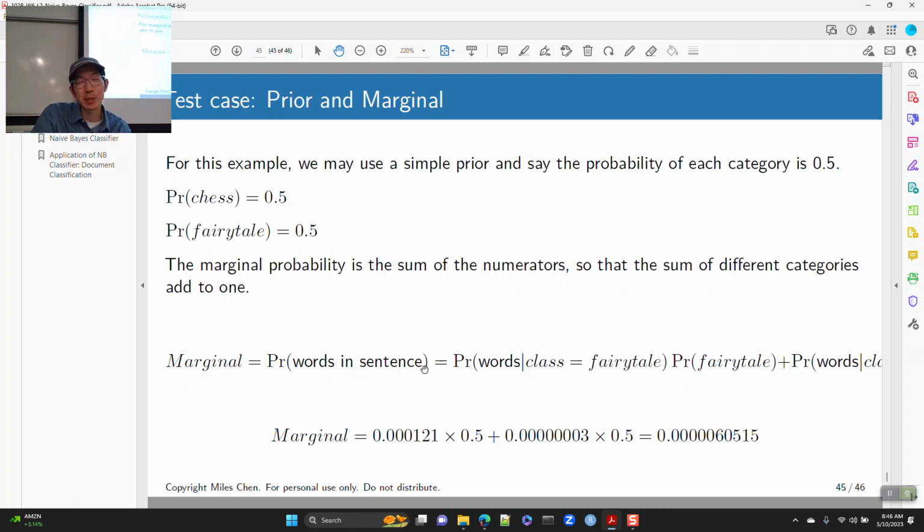And so your marginal would be the likelihood times the prior plus the likelihood times the prior for all of these things. Sorry, got cut off over here. And so our prior is 0.5, so we take our likelihood times our prior, and we get this really, really, really... I missed some. Wait a minute, something happened here.